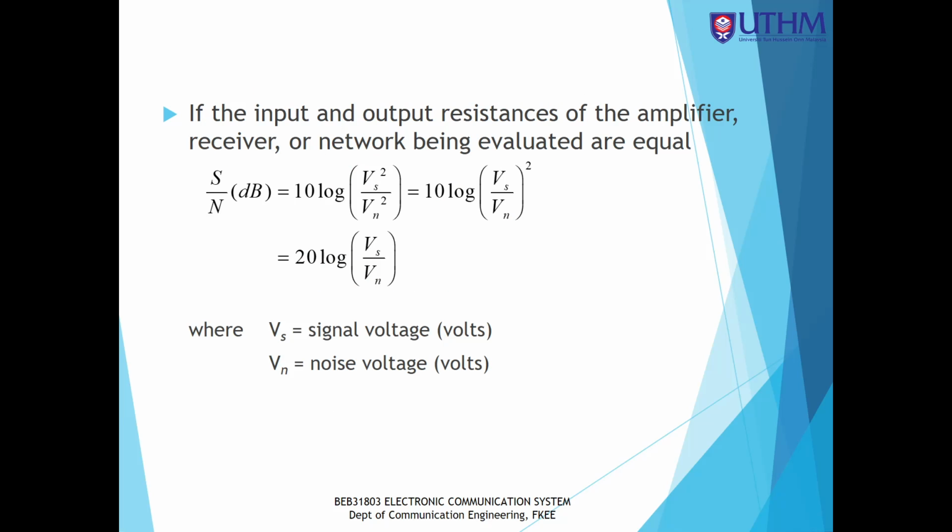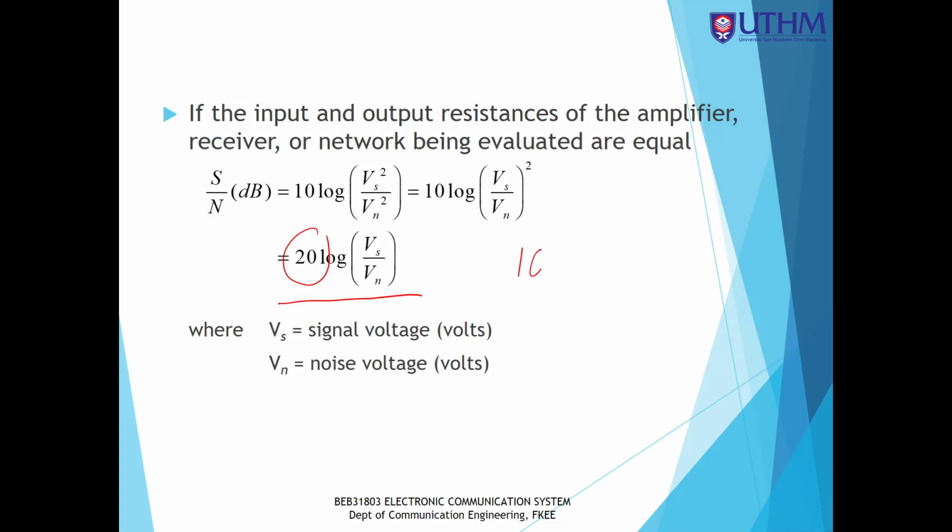And if we look in terms of signal to noise ratio in terms of voltage, for example, you will get 20 log of the signal voltage divided by the noise voltage. How can it be 20? Again, it is not a magic number.